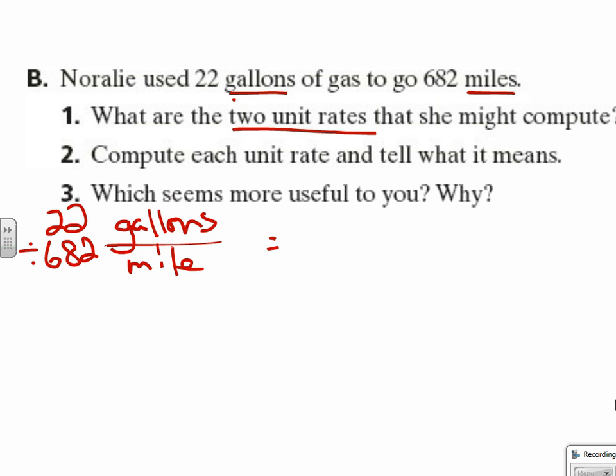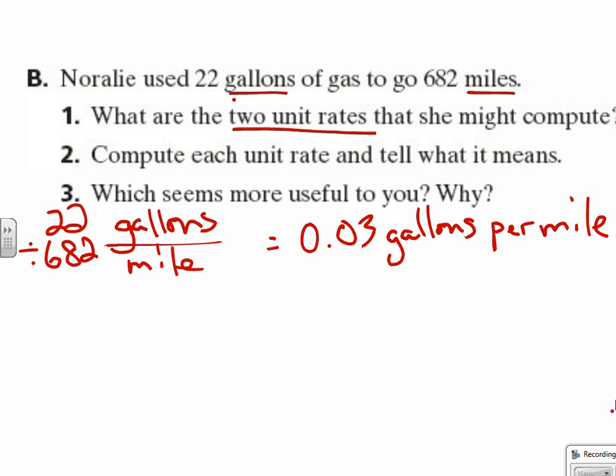On my calculator, you can figure it out as well and pause the video, that's 0.03 gallons per mile. That's telling me that for every mile, I'm using up 3/100ths of a gallon.